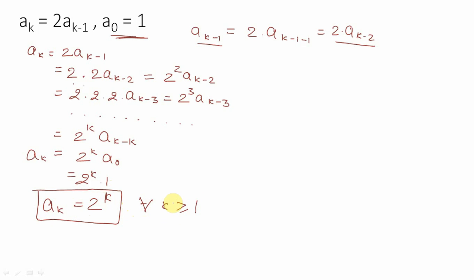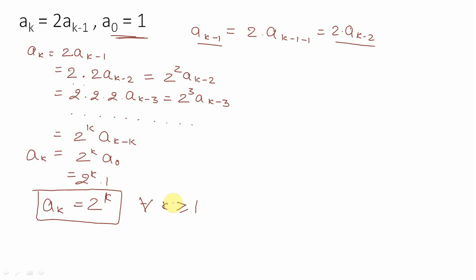Let us go through the solution once again. The recurrence relation has been given to us as ak is equal to 2ak minus 1, a0 is equal to 1. The first two solutions will go very slowly so that you get the hang of it.